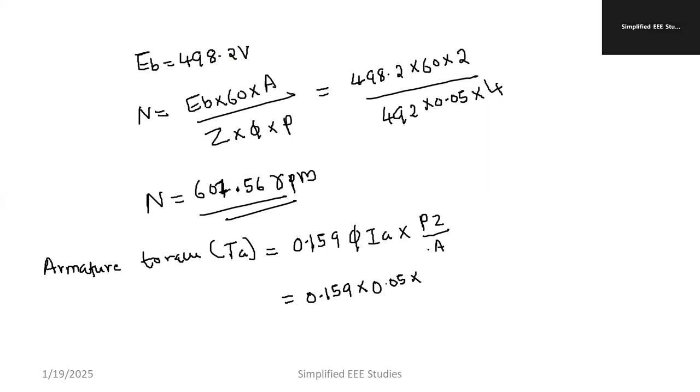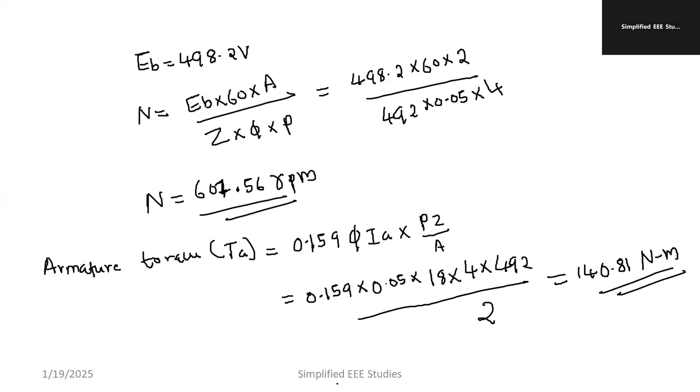IA we obtained as 18 ampere. P is 4 poles. Z is 492, divided by 2. Please use the calculator. Ultimately you should get 140.81 Newton meter. So this is my armature torque.